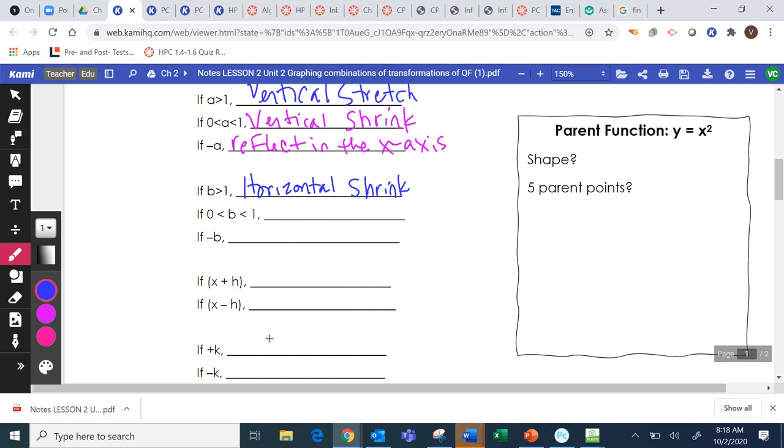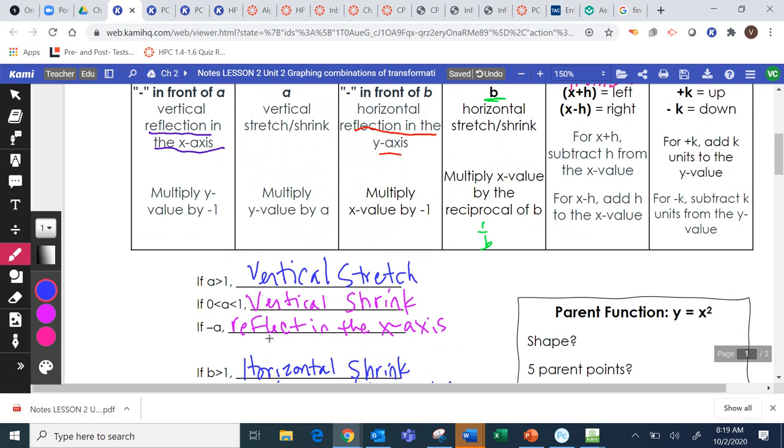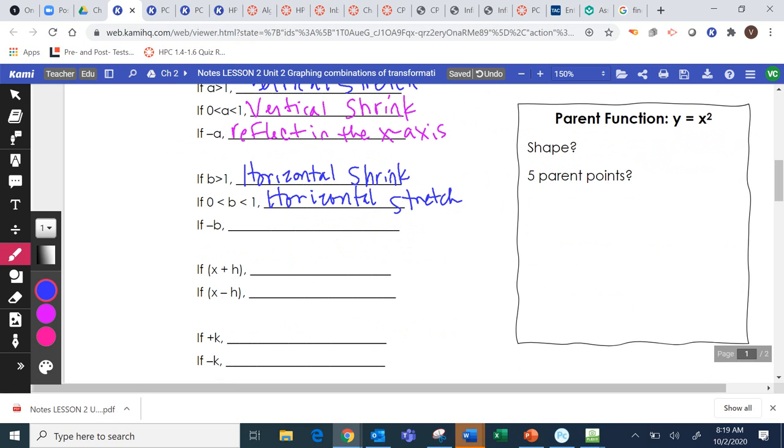Does that make the number bigger or smaller? That's a stretch, right? And what if b is negative? Ryan, what if b is negative? Reflection in the y-axis. Perfect.